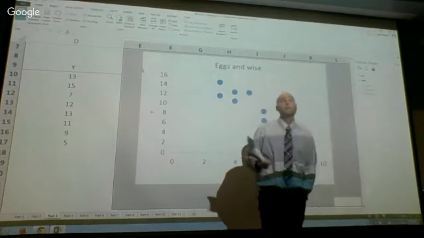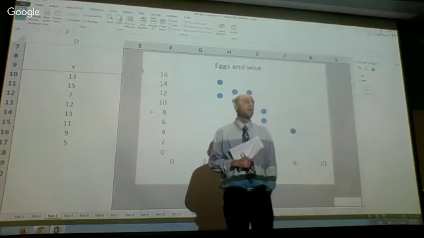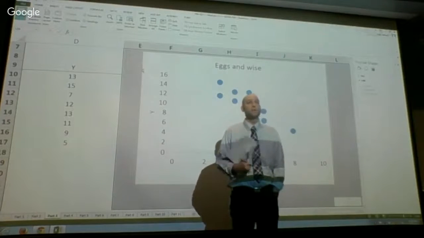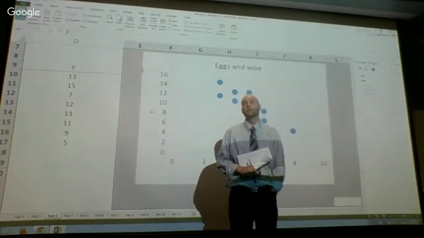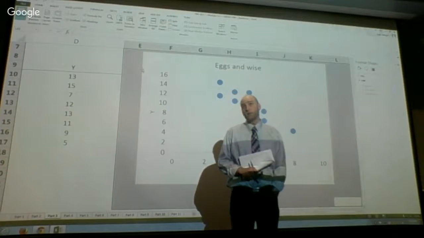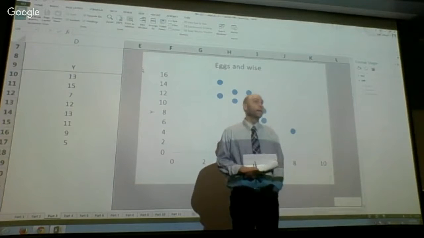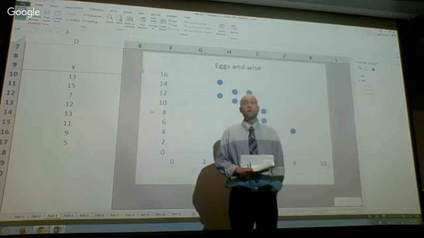Yeah, very good. Those who didn't hear Tiffany, she said the correlation is negative and strong, so our t-value as well should be negative. I'll leave it as an exercise to you if you want to calculate that t-value. But a negative correlation means a negative t-value. A positive correlation means a positive t-value.